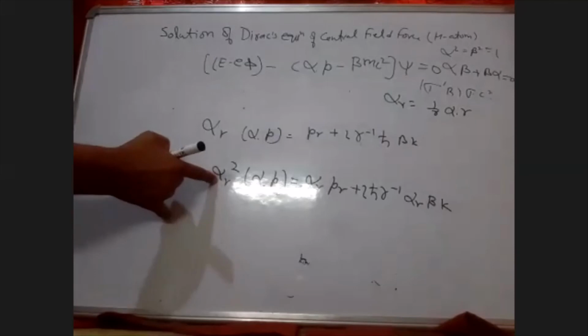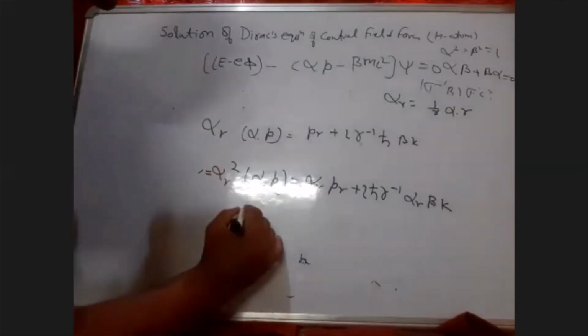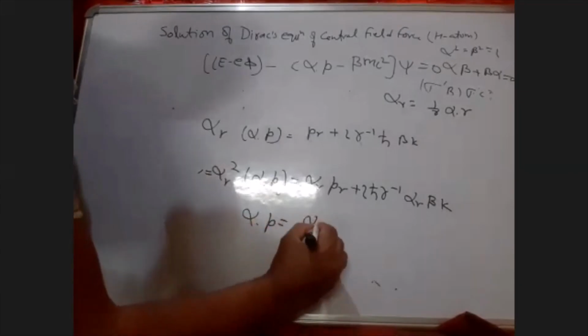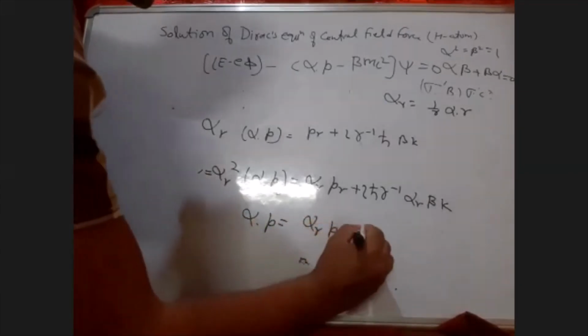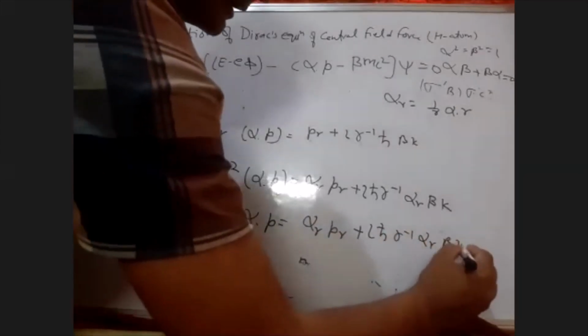Alpha r square is equal to 1. So alpha dot p is equal to alpha r pr plus i h cross r inverse alpha r beta k.